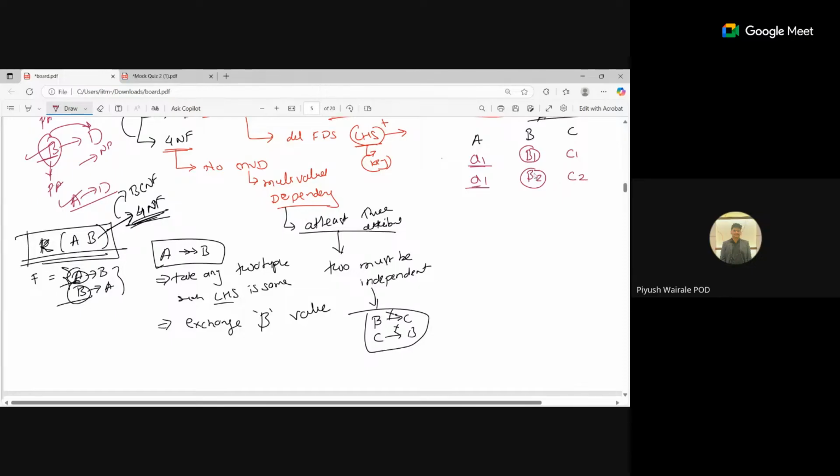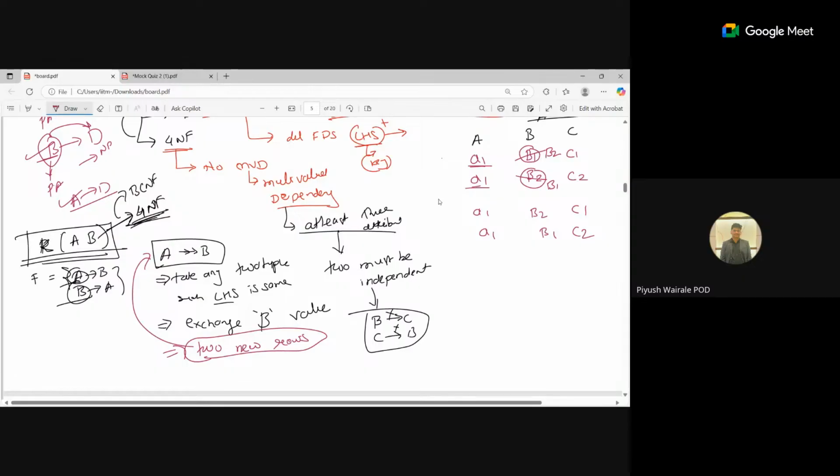If I exchange the beta value, this will become B2, and this will become B1. It means you are going to get two new rows: A1, B2, C1 and A1, B1, C2. So we got two new rows here, right? Now, if those two new rows are present inside your table, then we can say MVD exists. Otherwise, it does not.